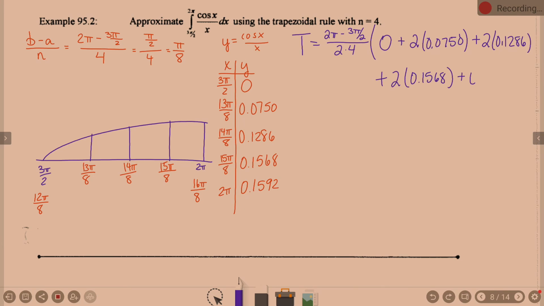Then when you get to that last one, you're just adding it by itself, so plus 0.1592. Yes, I ran out of room. I went on to a second line.